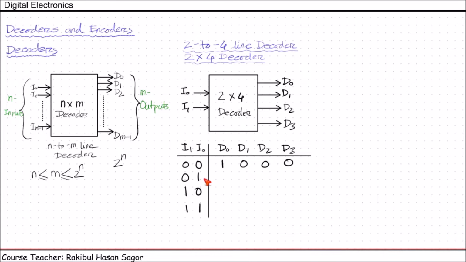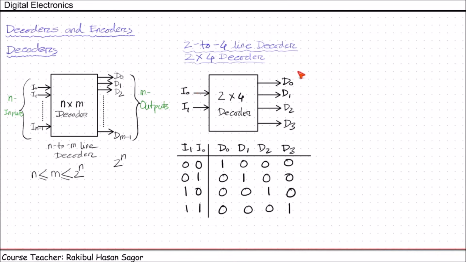When 0 1 input is given, D1 will be 1, others will be 0. When 1 0 input is given, D2 will be 1, others will be 0. For 1 1 input, D3 output will be 1. So each high output will represent one distinct combination of the input set.